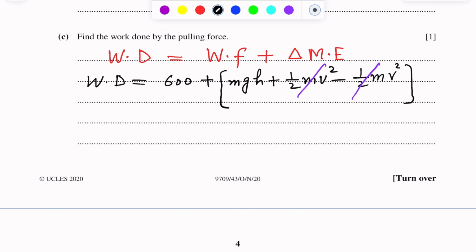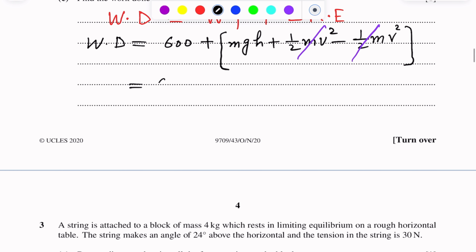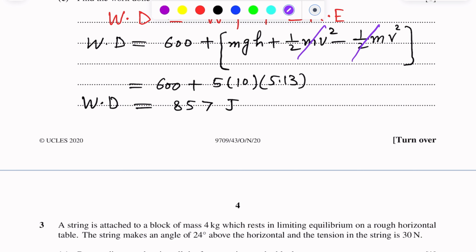So we calculate 600 plus mgh. m is 5, g is 10, and h we have found is 5.13. After calculation, we get the work done by the pulling force will be 857 joule. This is the answer.